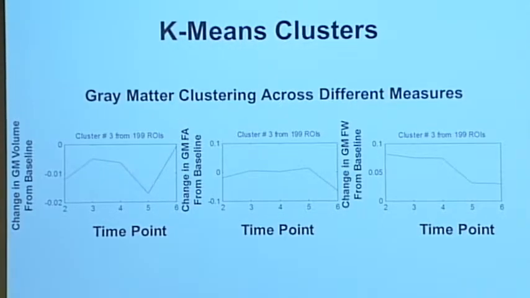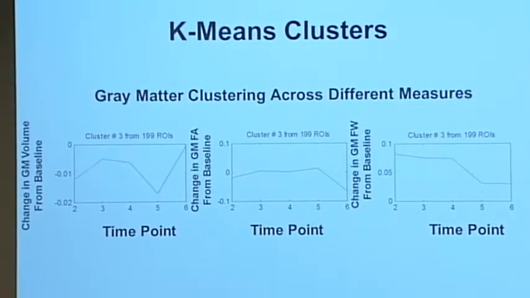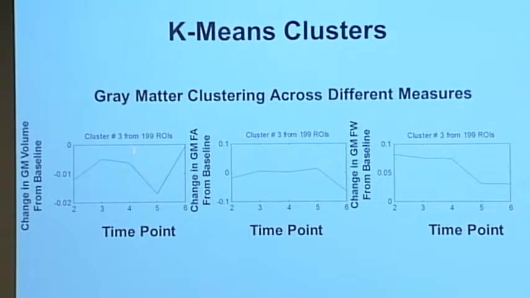And then what I did was I took these same 199 regions, and in addition to looking at free water changes, I looked at changes in volume and changes in fractional anisotropy. As you can see, you can't really tell changes in the volume early on because it's very up and down. So volume is not as sensitive. Whereas fractional anisotropy is pretty stable, and then it has a dip at the end.